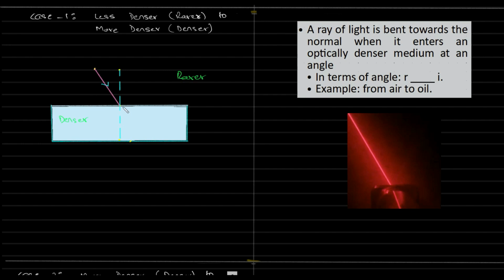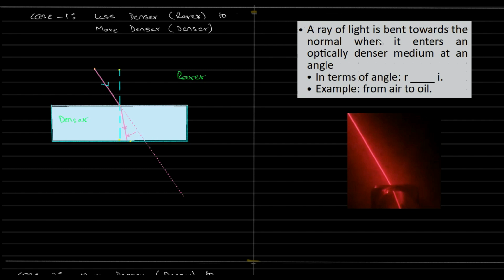Remember, it will bend. Let me actually show it this way. See, the original path of the light happens to be this. Agree? This is how the light was supposed to go. But what happens is the light will bend towards the normal. This is what is known as towards the normal. So whenever we have light moving from rarer to denser, we have light bending towards the normal.